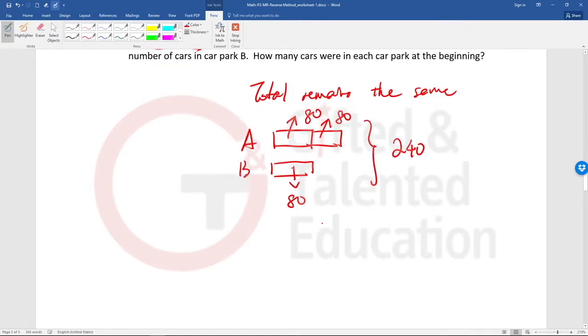So in the end, A has 160 cars, B has 80 cars.